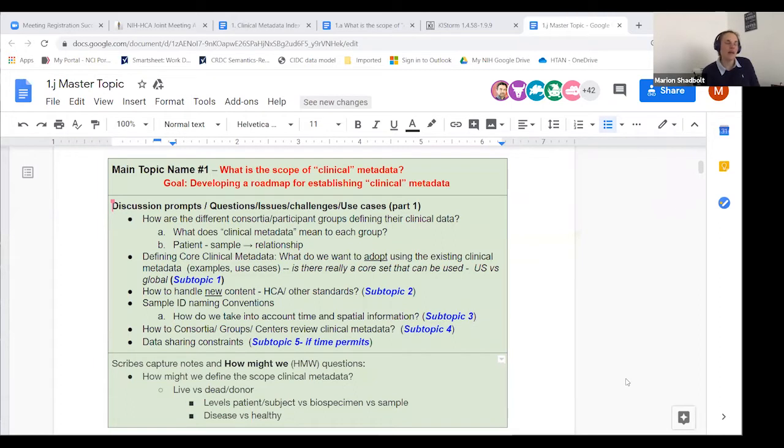In terms of adding new fields, I know some resources let you create your own custom field, but we don't really do that. It's more like if we get feedback that this is a field that would be useful for a certain contributor, we can then have a discussion about how important it is.